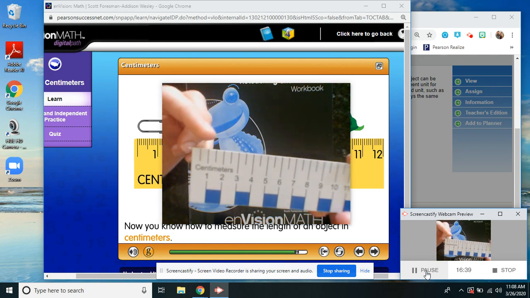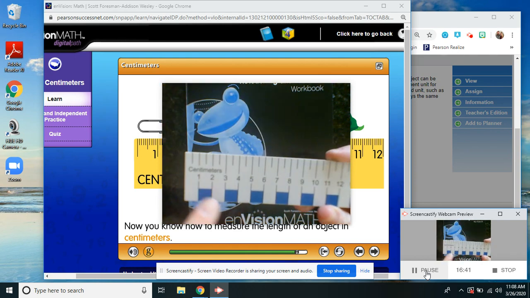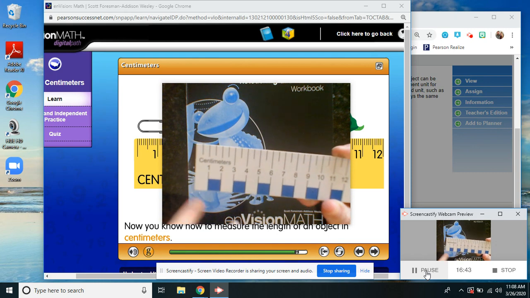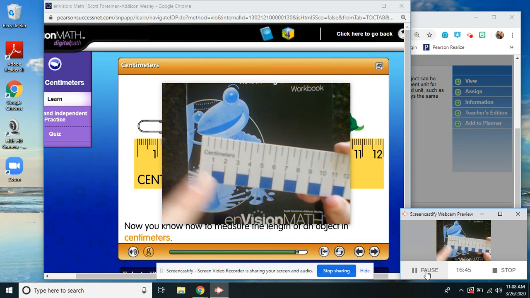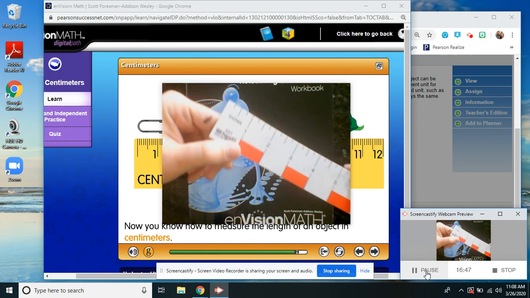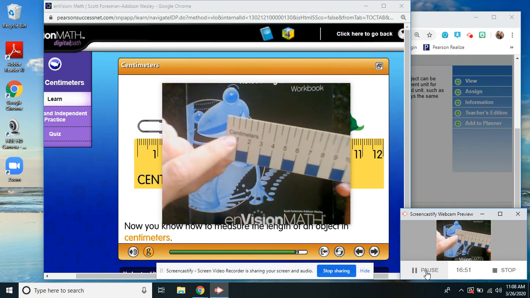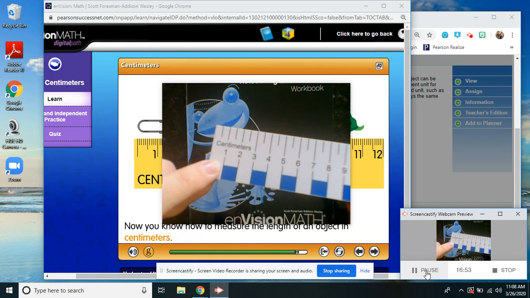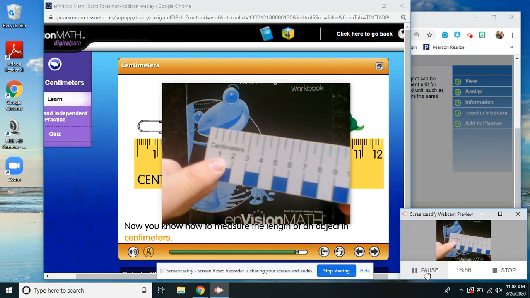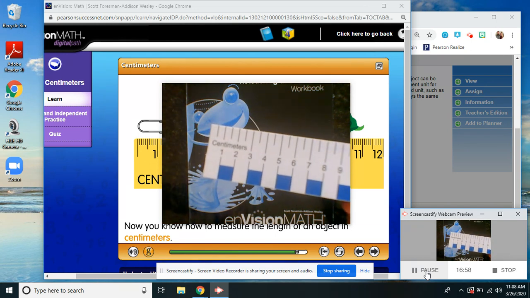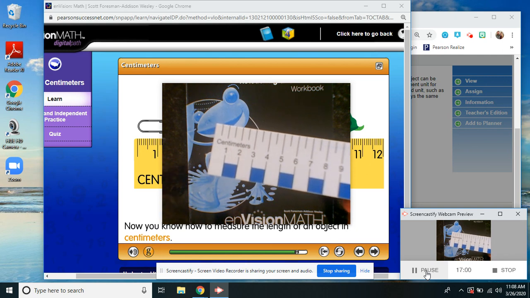It has the inches on the top and the centimeters on the bottom. Remember, the centimeters are much, much smaller than the inches. It should say cm or centimeters by the numbers to show if it's the centimeter or inches side.